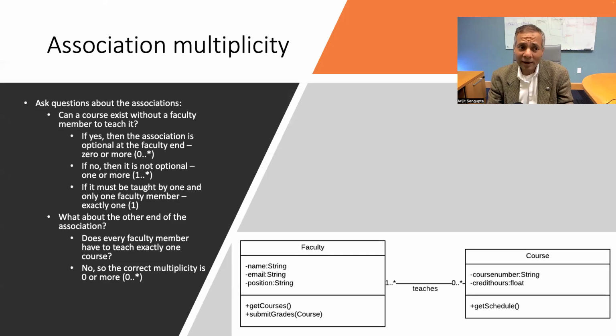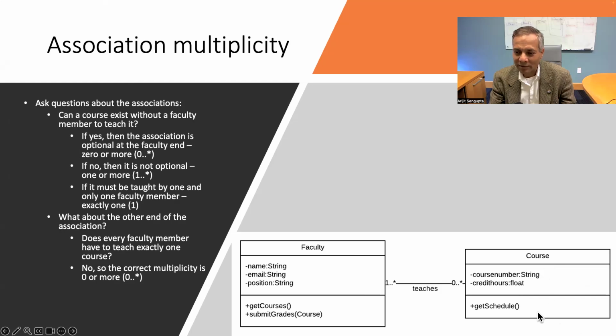When you create an association, you draw a line between the two classes that are associated. In this case, I have a faculty class and a course class, and we're drawing a line saying a faculty teaches a course, right?